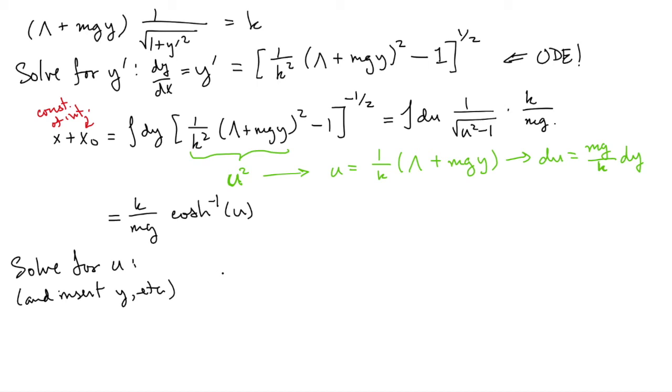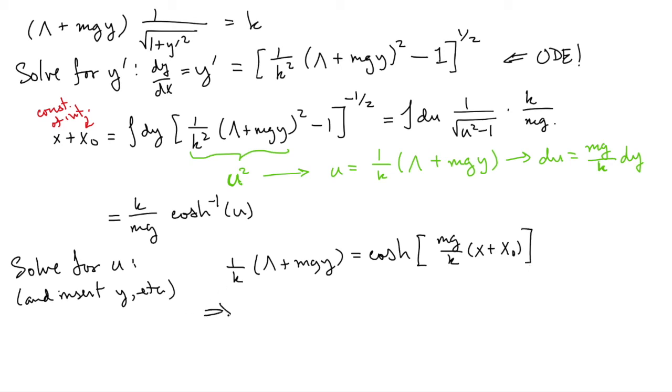And at the end of the day, what we would get is that 1 over k times lambda plus mgy, that's u, is equal to hyperbolic cosine of mg over k times x plus x naught.